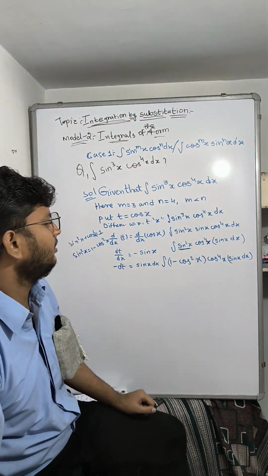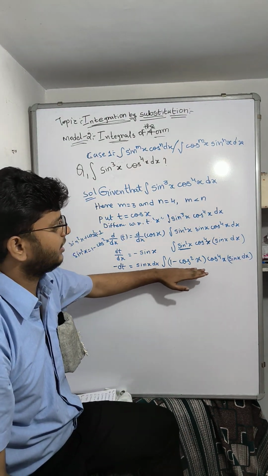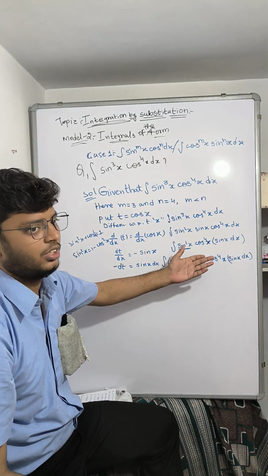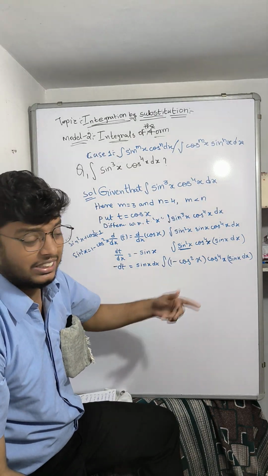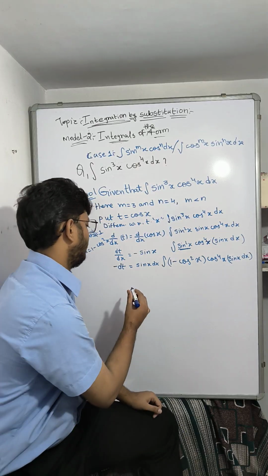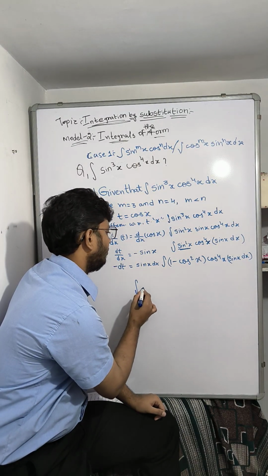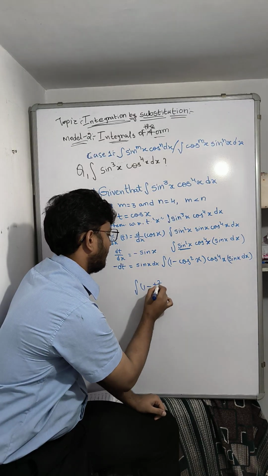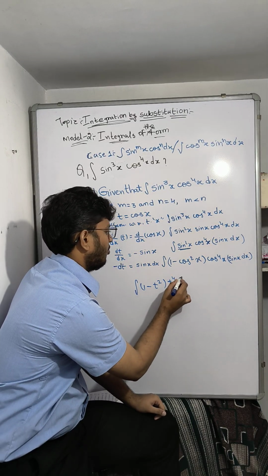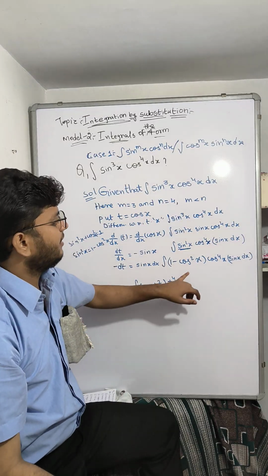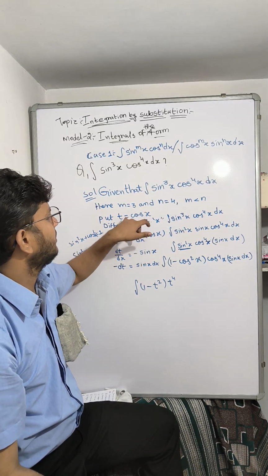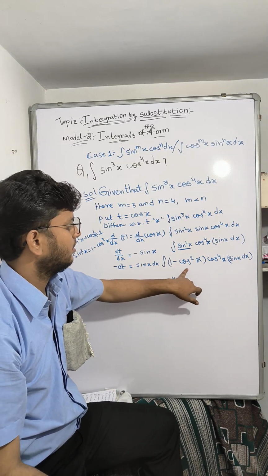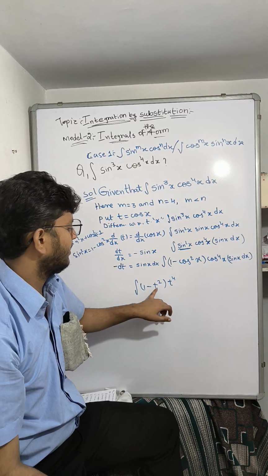Then we can convert in terms of t. Now see, 1 minus t square, t to the power of 4. Why are we converting cos square x? Because t is equal to cos x, so we can write t square.